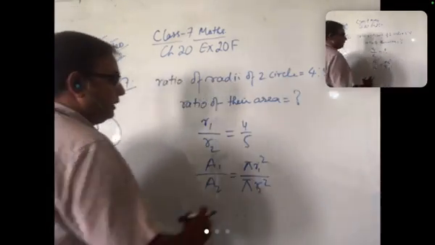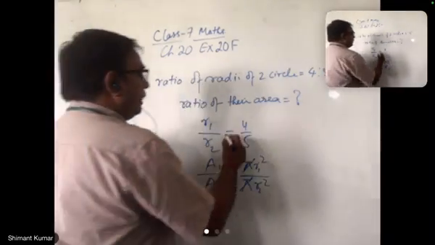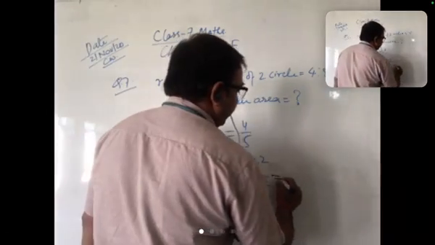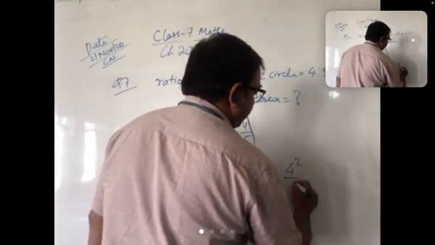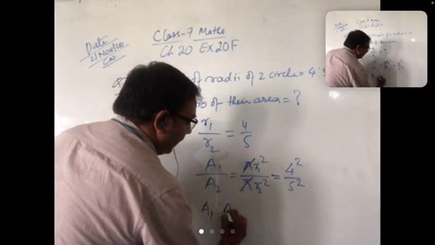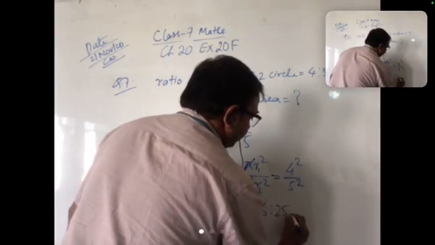Now pi and pi is cancelled, and we know that r1 upon r2 is 4 upon 5. So we can write here 4 square upon 5 square. So the ratio of area 1 and area 2 is equal to 16 is to 25.